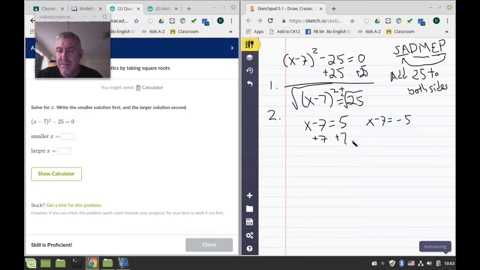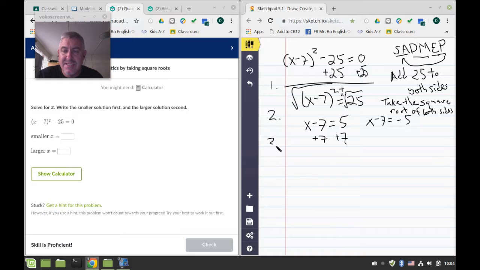Oh, I forgot to write my step 2 out, which was take the square root of both sides. And you'll see all the time I say both sides here. Both sides in Thai means tang song kang.